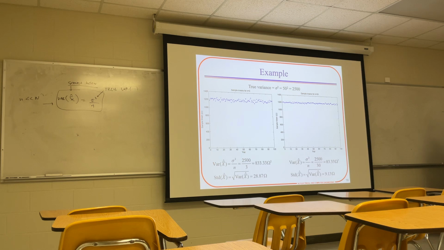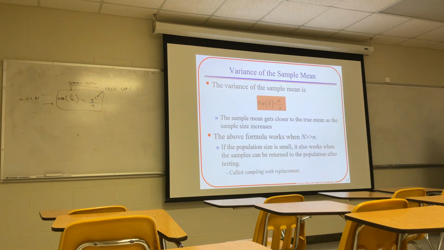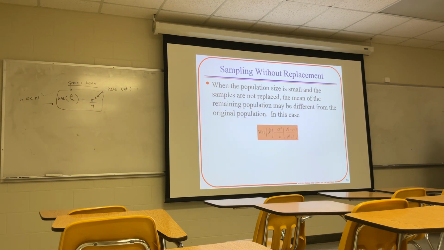And then if we take a look at this, the standard deviation is just the square root of this. He's just showing you that the larger the number of samples, the smaller the standard deviation gets. But I'm going to have to tell you this.